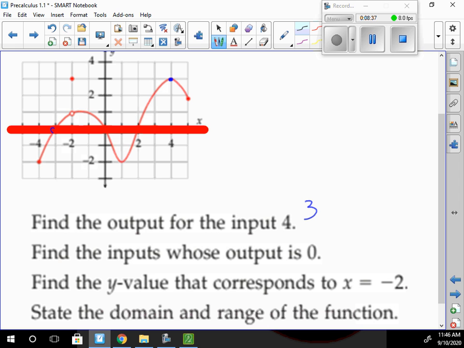It crosses here, here, and here. So that's at negative 3, 0, and 2. Those are my answers. X equals negative 3, 0, and 2.